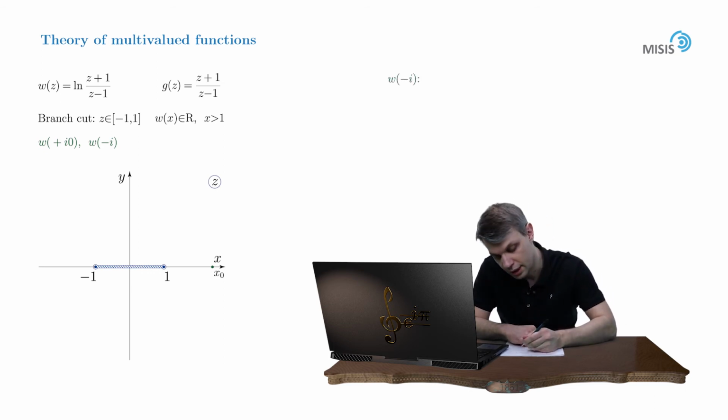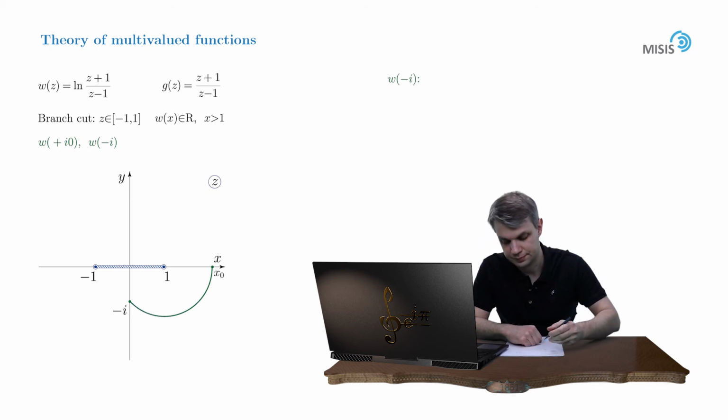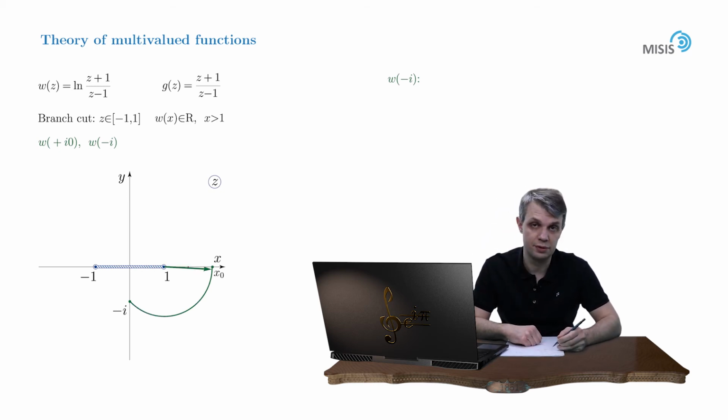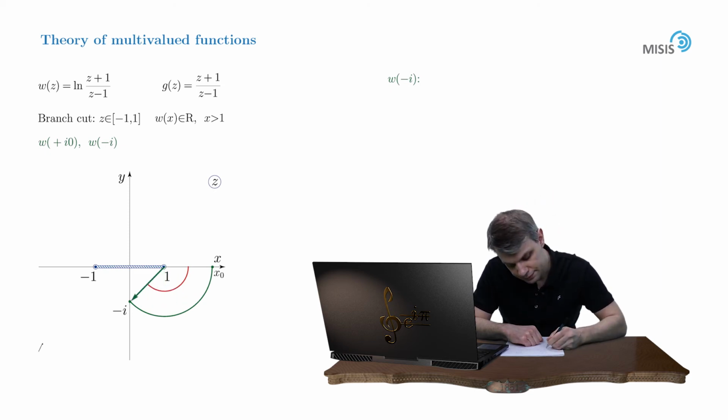And again, we draw it in our complex plane and connect it with our reference point with some contour. And now the arrow z minus 1 rotates in the clockwise direction by angle 3 pi by 4. So the change of the argument of z minus 1 is minus 3 pi by 4.